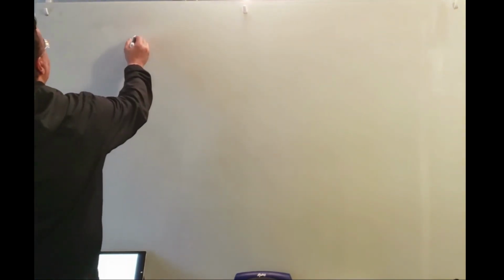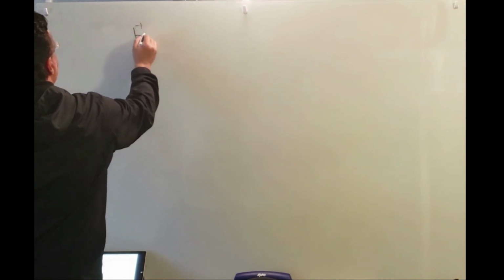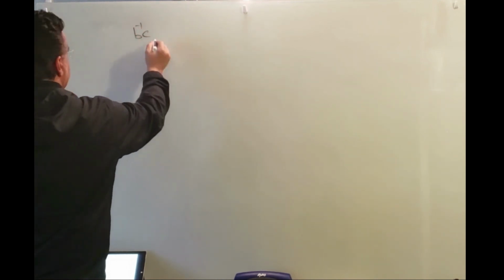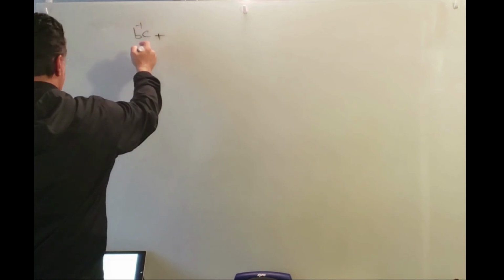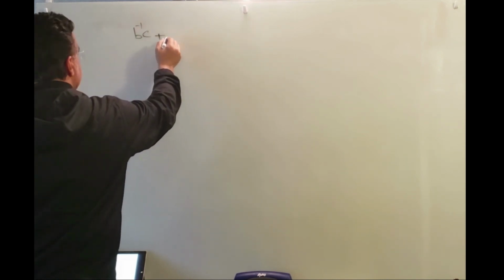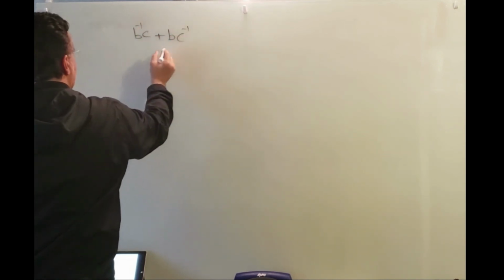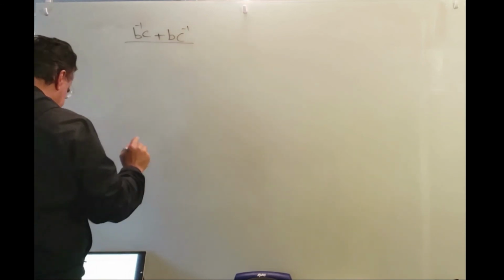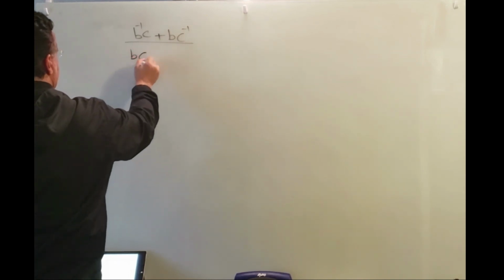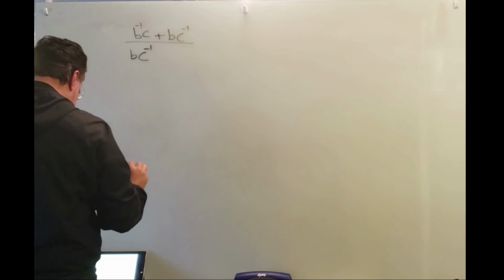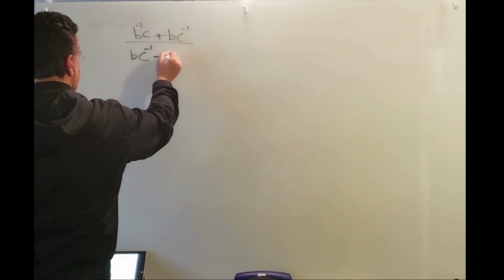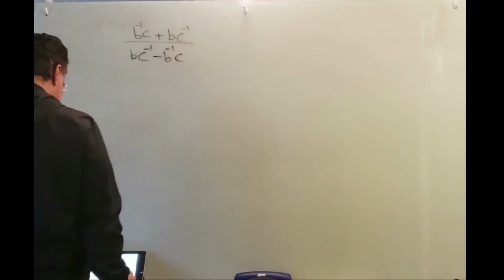Okay, so let's look at this one. b to the power of negative 1 c plus b c to the negative 1, over b c to the negative 1 minus b to the negative 1 c.